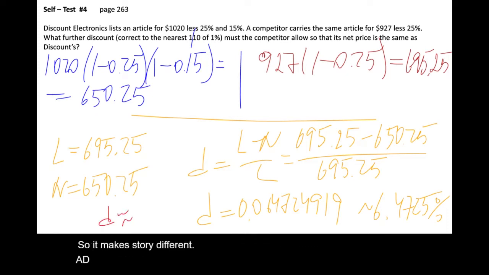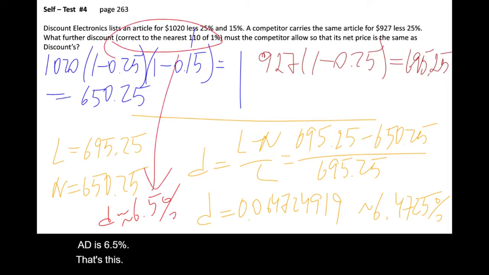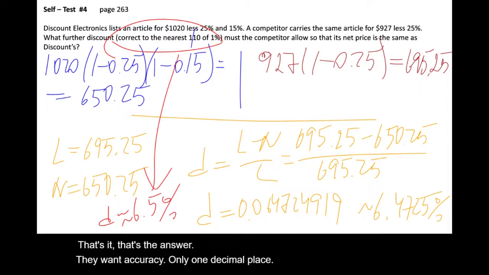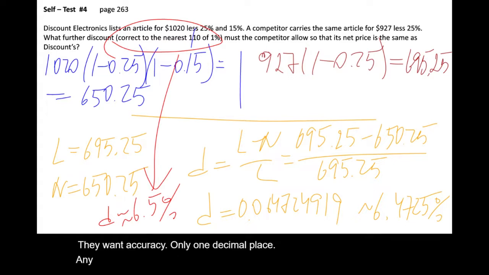D is 6.5%. That's the answer. They want accuracy only to one decimal place. Any questions, people?